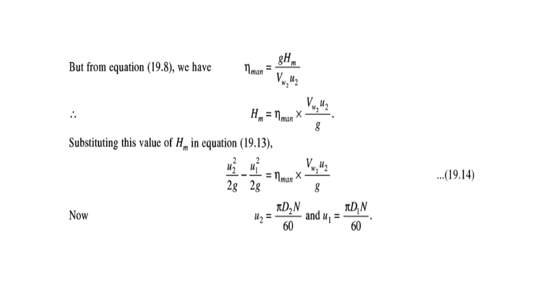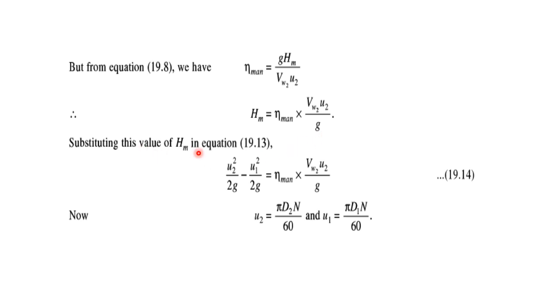So we have manometric efficiency equal to g Hm upon Vw2 u2. From here the manometric head comes: Hm equals manometric efficiency multiplied by Vw2 u2 upon g.